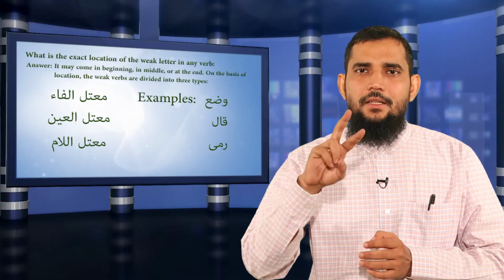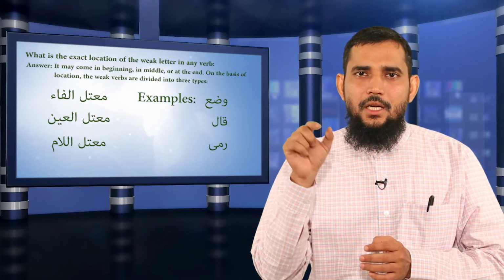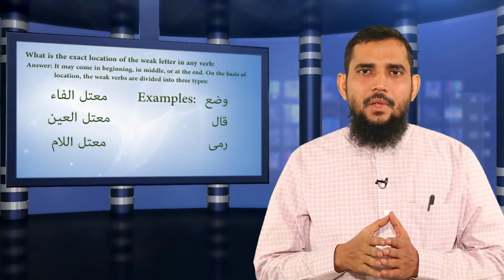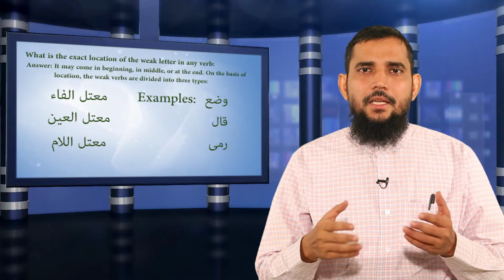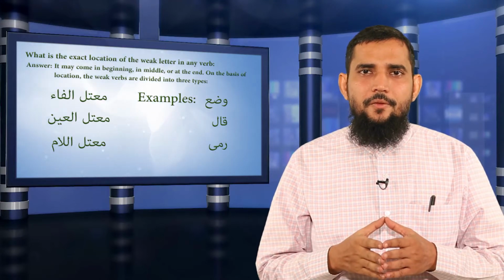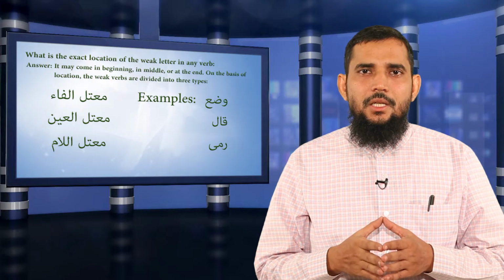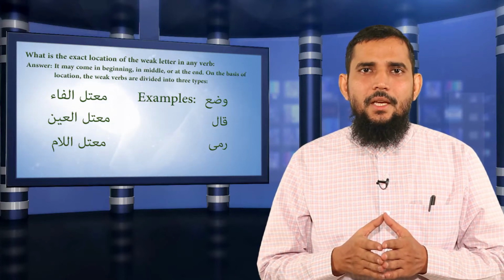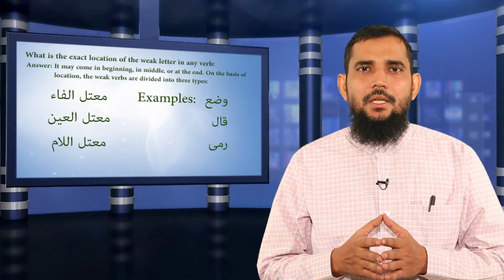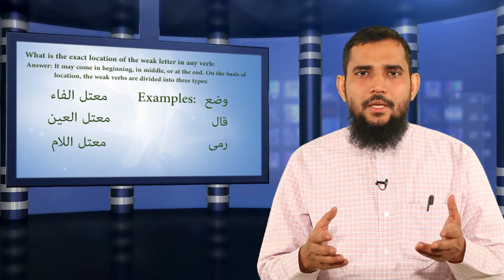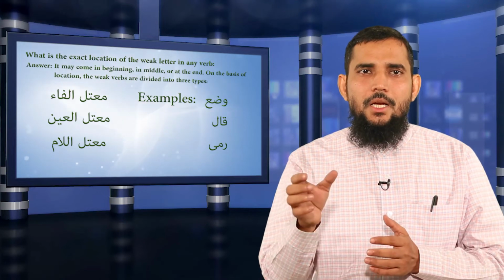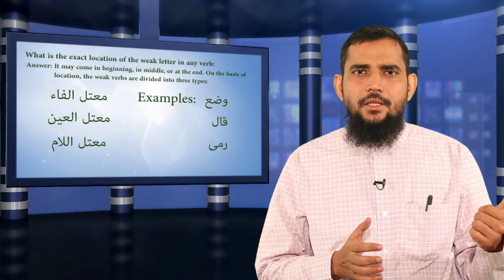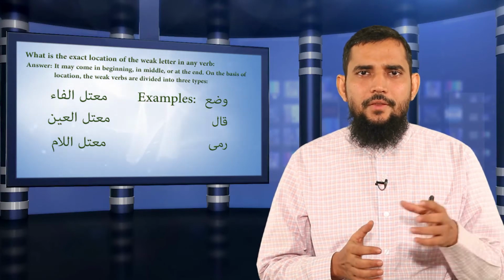Here the second radical is a weak letter: qala, qaf, alif, lam. And another example of a verb where the third radical is a weak letter is rama. One more example, masha. Rama, masha, ya is the last letter, the third radical of this verb.